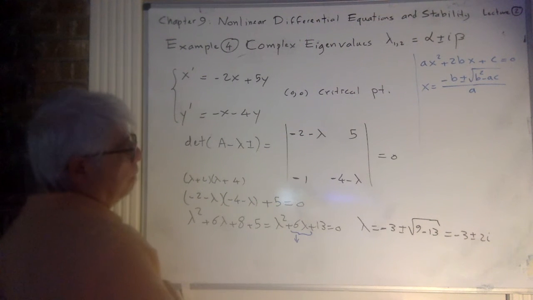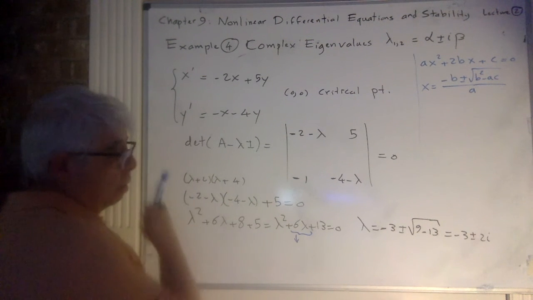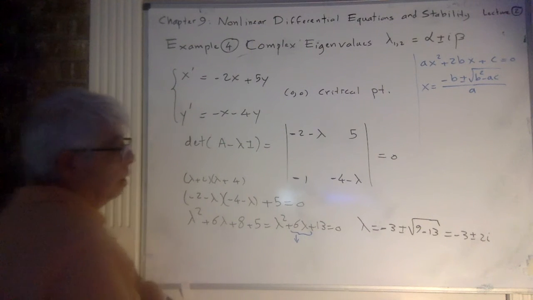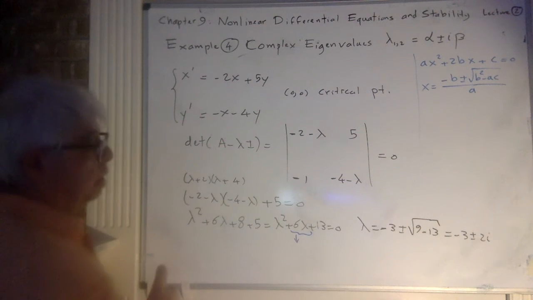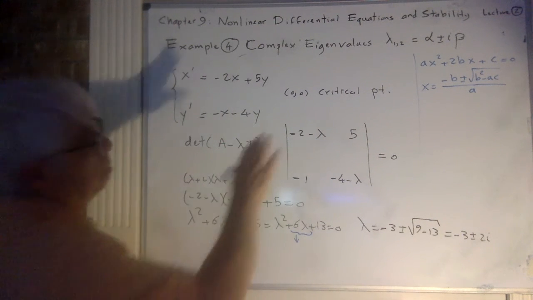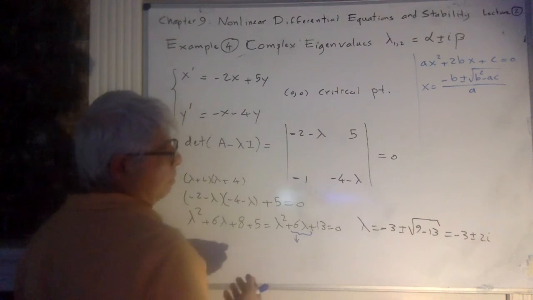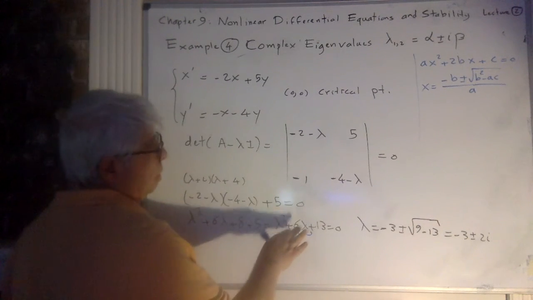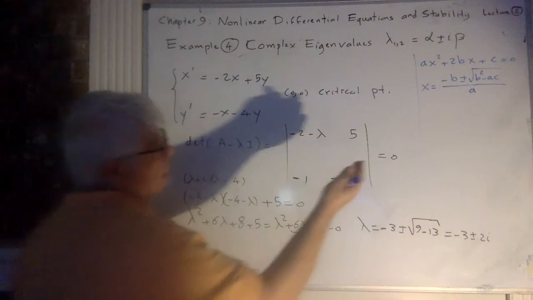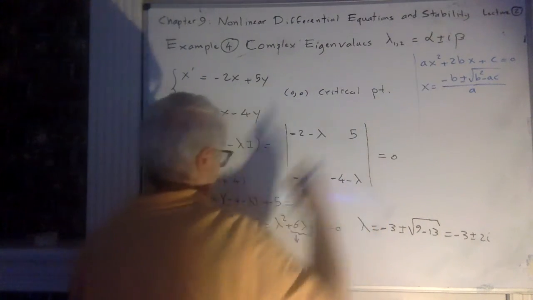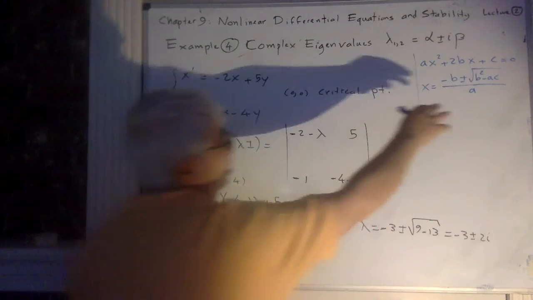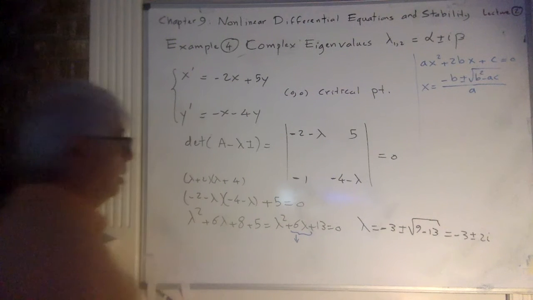So the coefficient of lambda squared is 1, so the denominator is 1, and you immediately find it. I have seen students who don't simplify this, and they get something like minus 6 over 2a over 2, and that is a big mess.